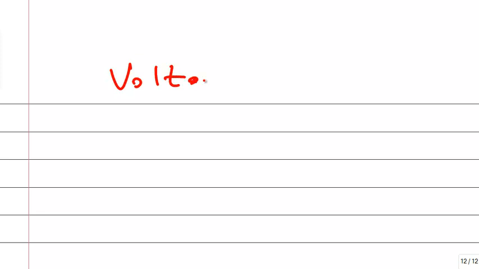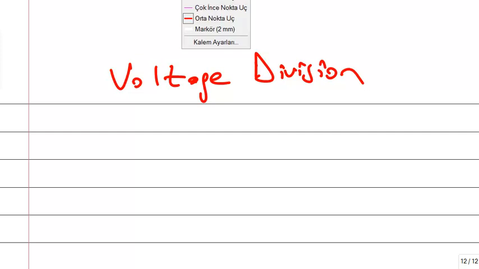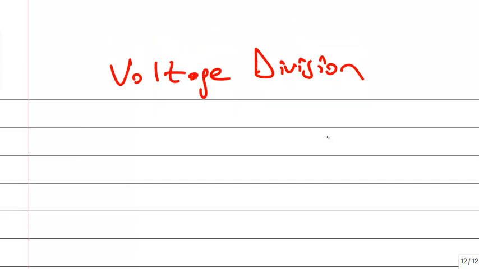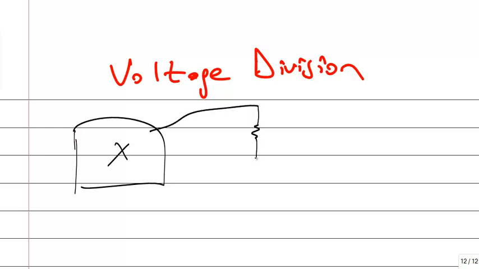Voltage division. If you have some circuitry, anything, and if you have two serially connected resistors, R1, R2, the voltages are V1 and V2.